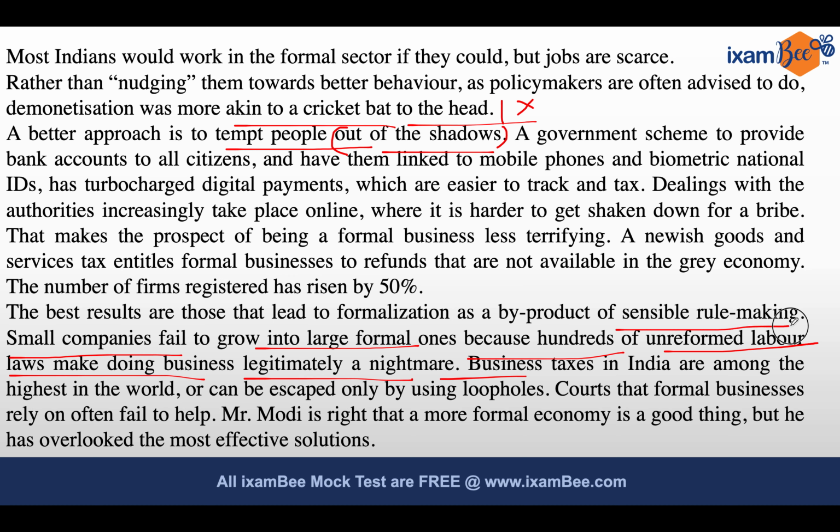How can we ensure that the rule that we are framing is sensible? By trying to focus on important areas. So, focusing on labor laws, focusing on business taxes, right? These are very important things that need to be focused on.